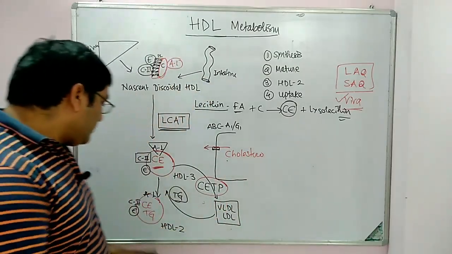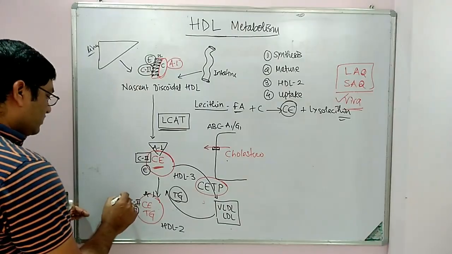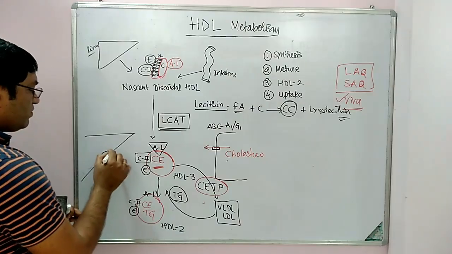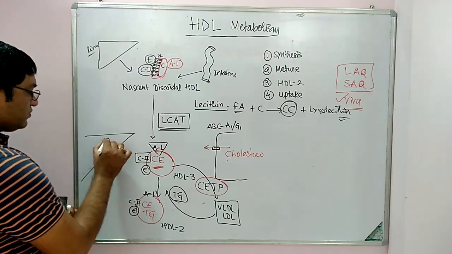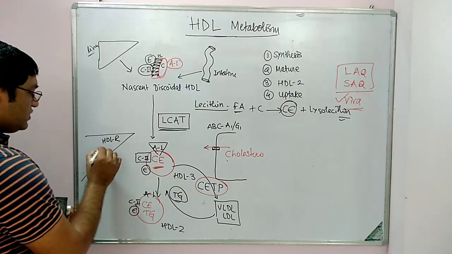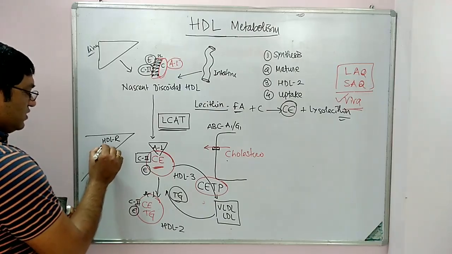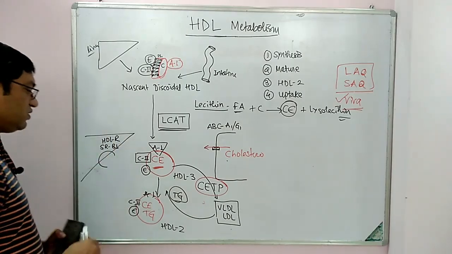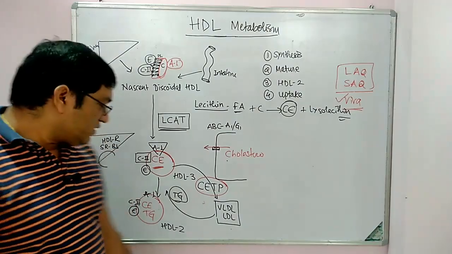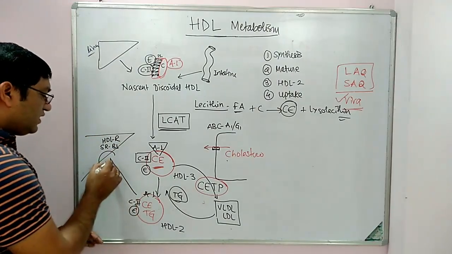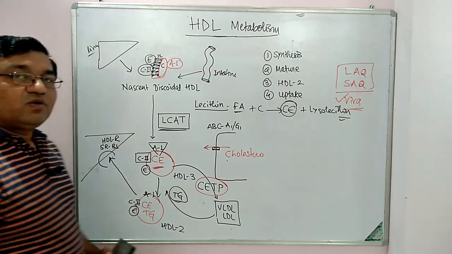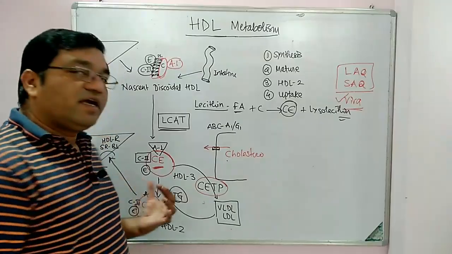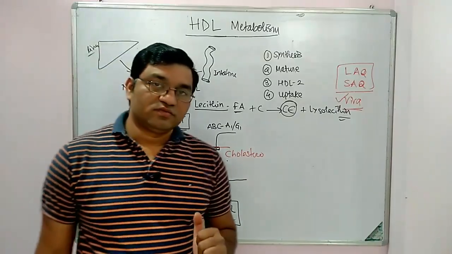Now in the next step, it is taken up by the liver with the help of HDL receptors. The HDL receptor is the scavenger receptor B family 1, SR-B1. Only the cholesterol ester part is taken up by this receptor, while ApoA1 remains as it is.